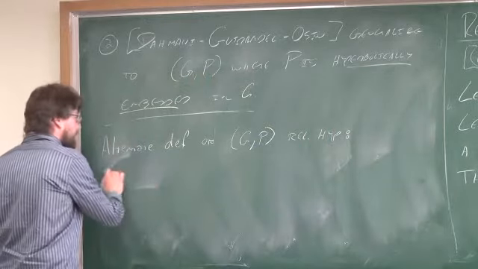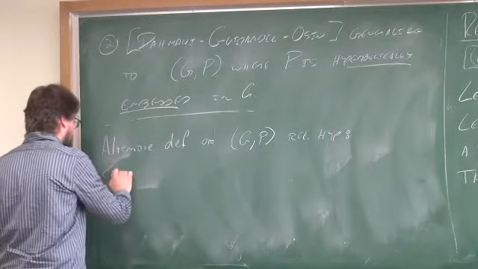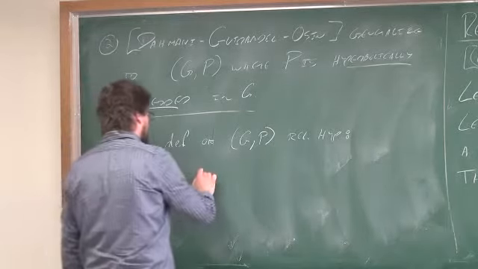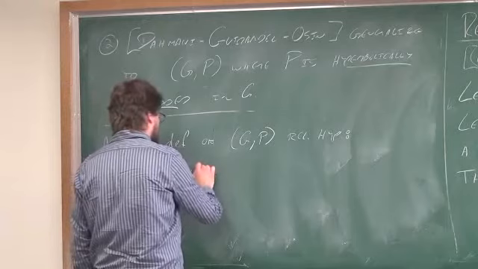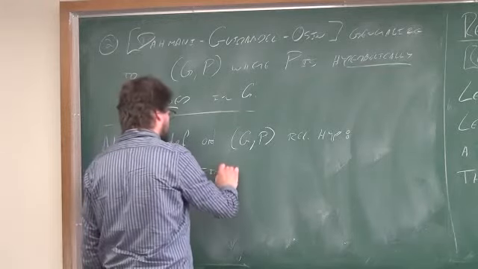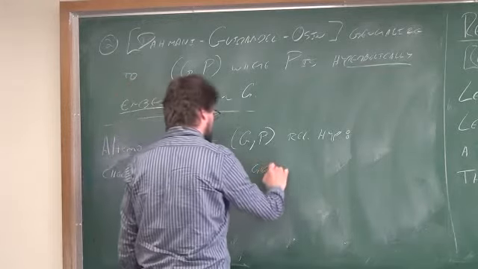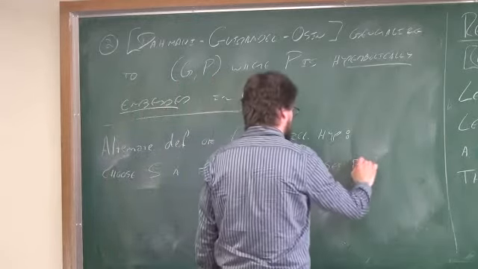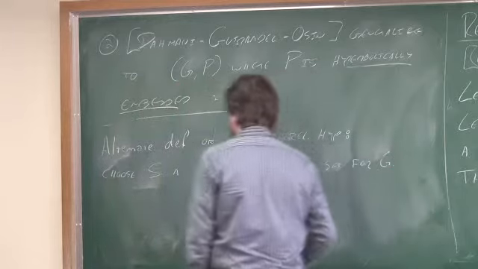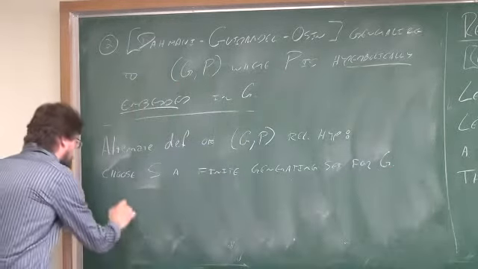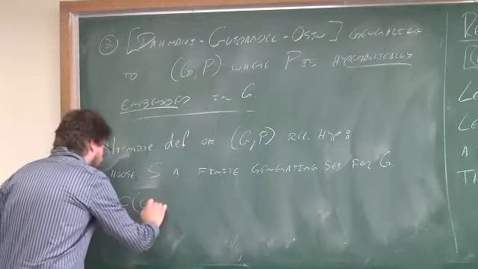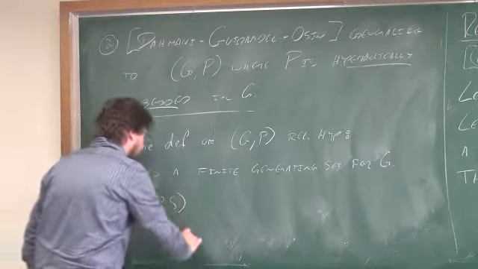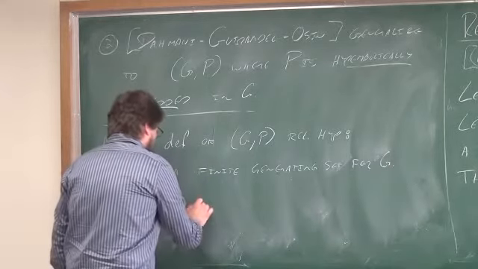Again, we're going to choose S, a generating set, say for now a finite generating set for G, and now I can make this graph called C of G, P, S as follows.